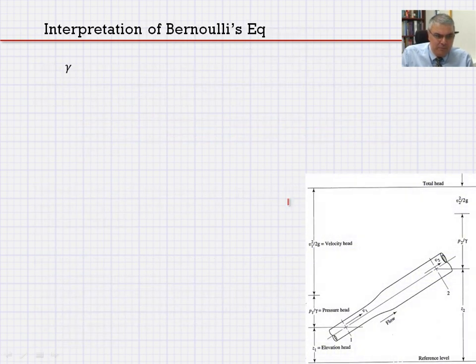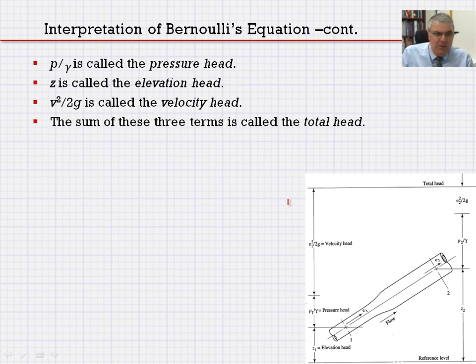Now, let's take a closer look at the Bernoulli equation and what we call each of these terms. If we assume that each term represents what we call the head, then P over gamma is called the pressure head, Z is called the elevation head, and V squared divided by 2G is called the velocity head.